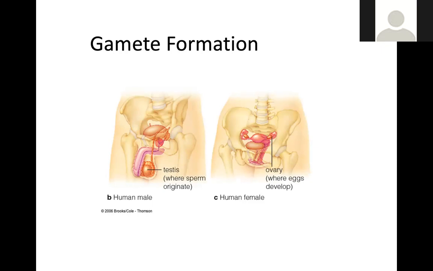We know a sperm and an egg come together, get fertilized, and create a zygote. But where are those gametes, those eggs and sperm cells, produced? Well, we know that eggs are produced in biological females and sperm are produced in biological males.